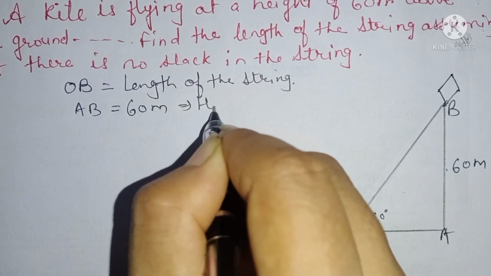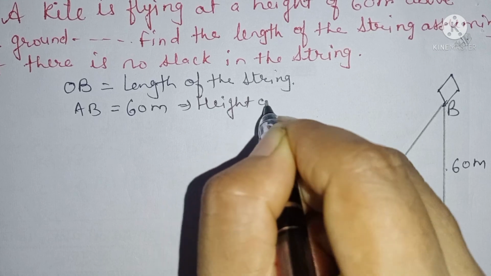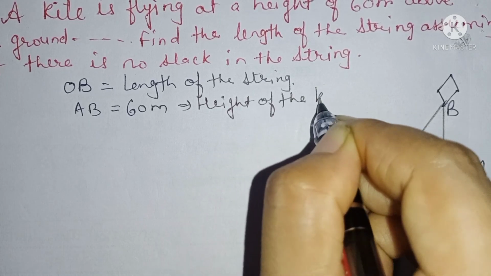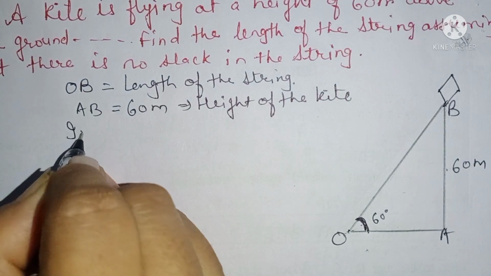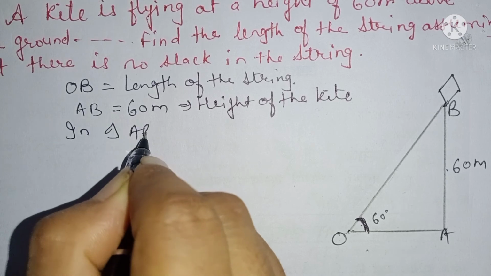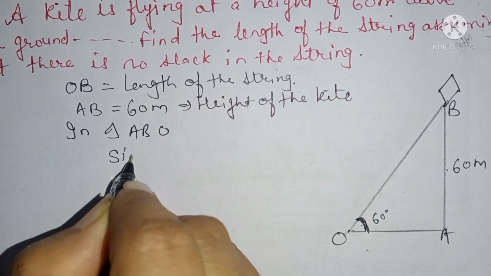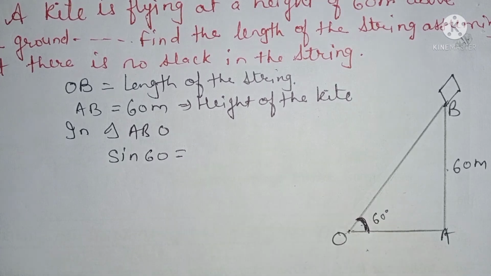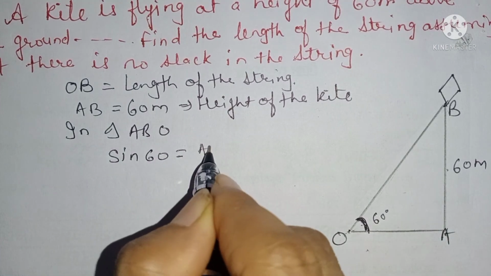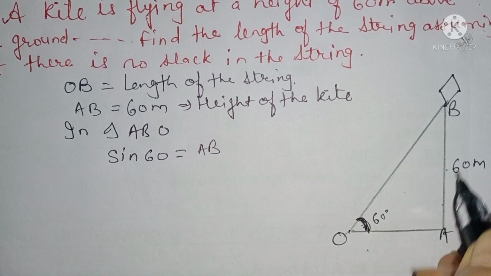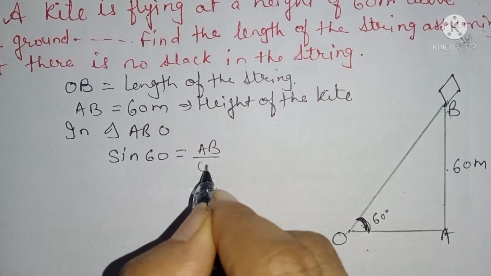So I am going to apply sin 60 in triangle ABO. Sin is the ratio of opposite upon hypotenuse. For this theta, the opposite side is AB and the hypotenuse is OB.